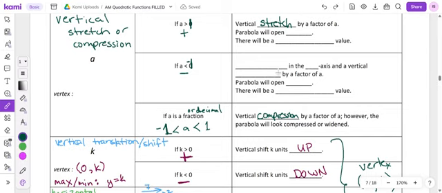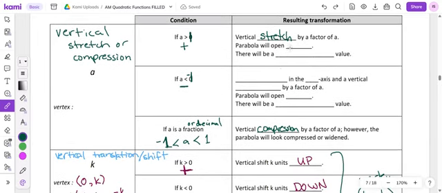Okay, let's finish this. When A is positive, it's stretched. The parabola will open up. And do we have a max or min when it opens up? We have a minimum. Now, what's the math term when it flips upside down? Good.